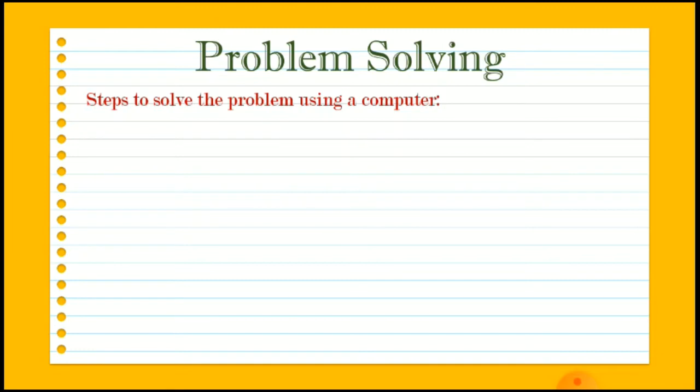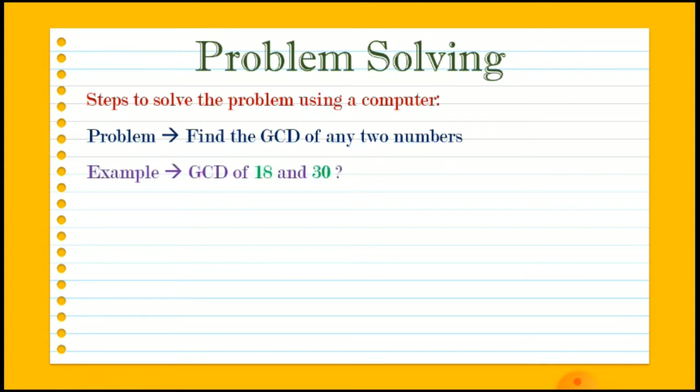Let's take the problem of finding the GCD of two numbers. Suppose 18 and 30 are two numbers and you have to find the GCD of these numbers. So finding the GCD of two numbers is your given problem.